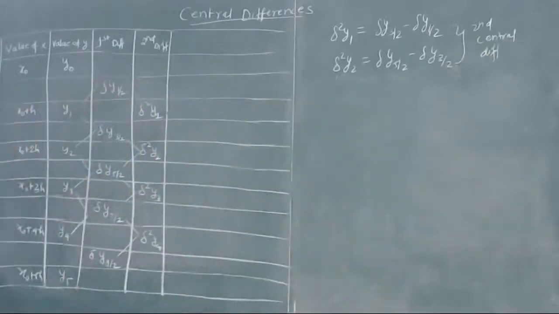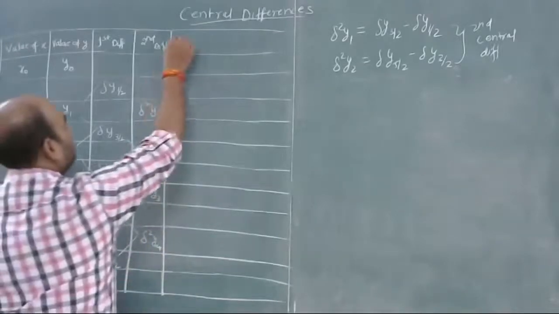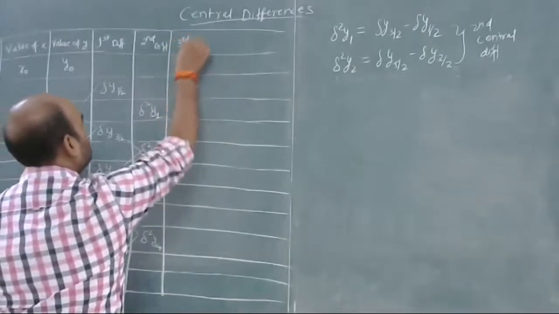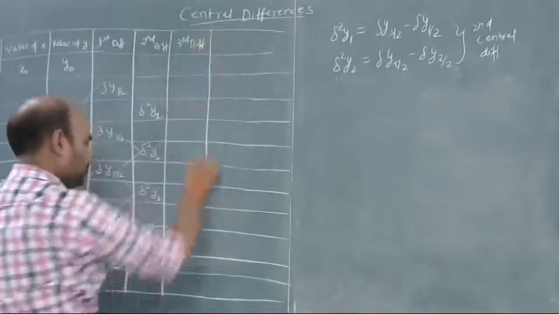Here x is known as the argument, these are known as entries, and these are the leading differences. Next, we move to the third difference.